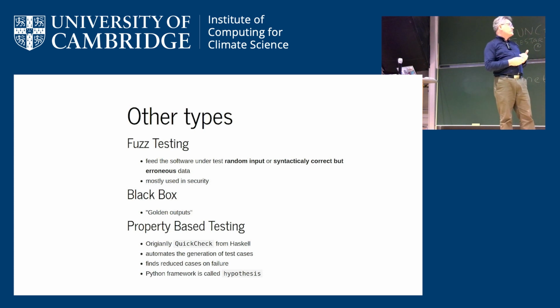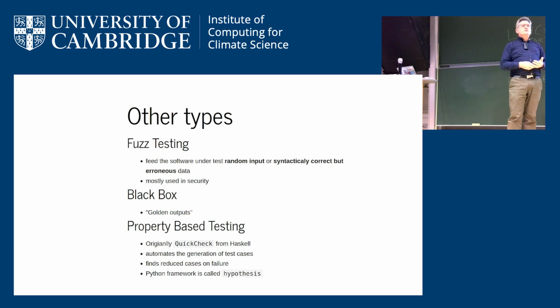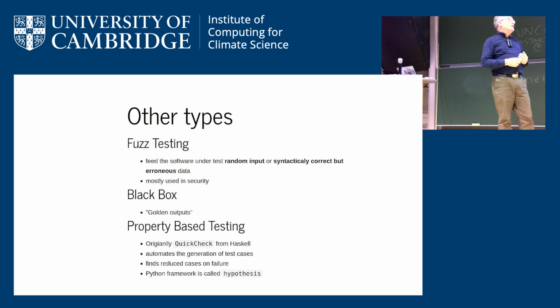A really interesting one is called property-based testing. So I said before, try and think about the corner cases, but you can actually get the computer to generate cases for you. This came from a Haskell program called QuickCheck originally, and it's now in most languages.